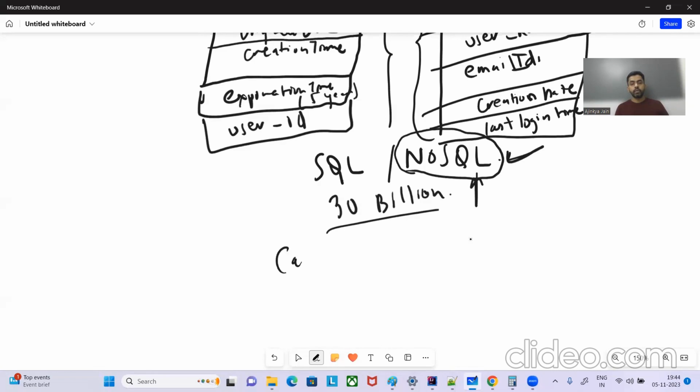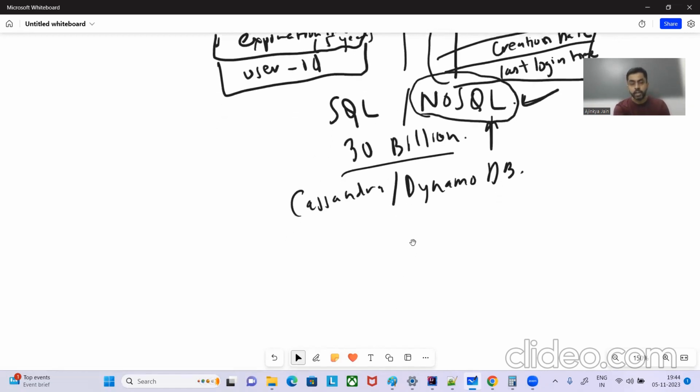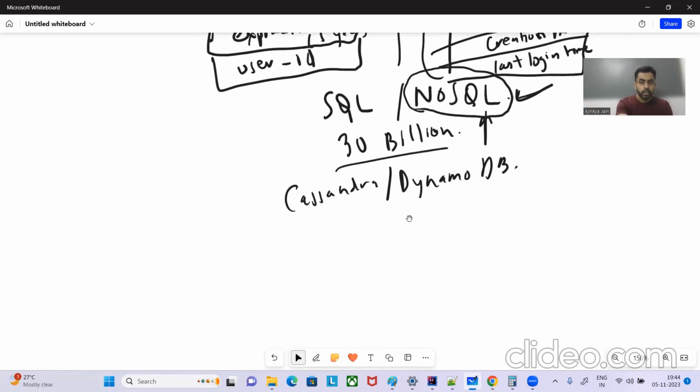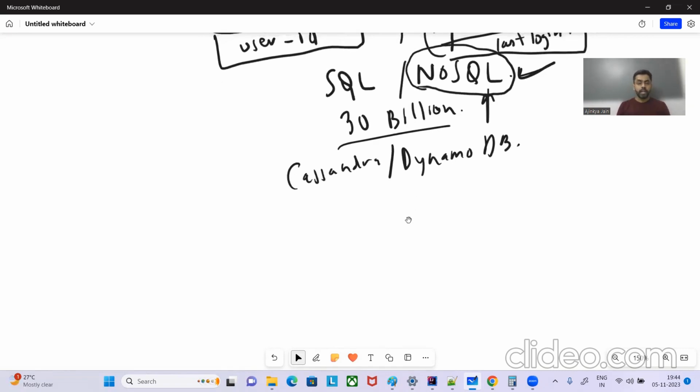In this case, we can use Cassandra, a NoSQL database, or DynamoDB, databases where scaling is easier. So this was the high-level database design.